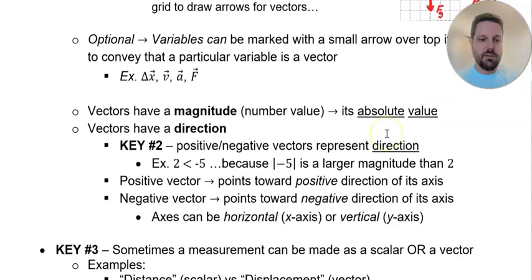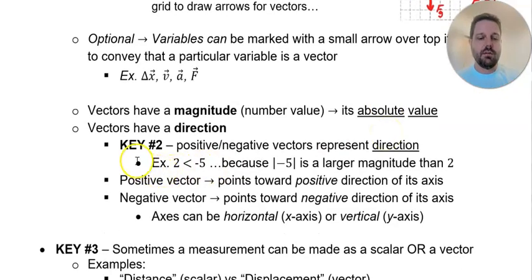What makes this a potential pitfall is to think about how this would compare with a scalar quantity. If you have a positive or negative vector, that positive or negative represents the direction, the way the arrow is facing along the axis. Then if we go back to our example of 2 versus -5, we would actually say that -5 is a larger magnitude because we're treating it as having an absolute value of 5.